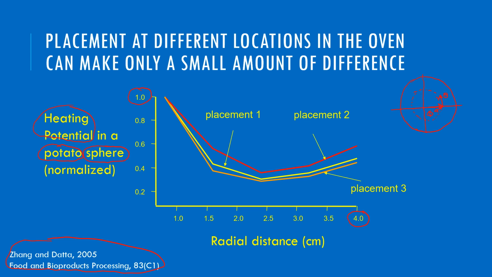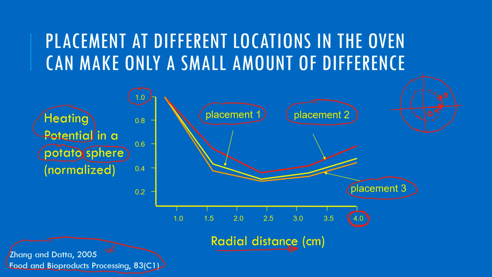So this heating potential at radius r is plotted versus the radial distance all the way to the radius of the sphere, and it is done for 3 separate placements inside the oven, and the exact details of these placements can be seen in this research paper.